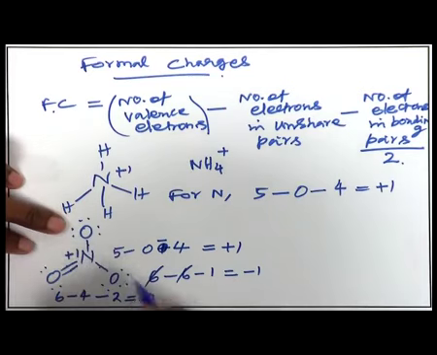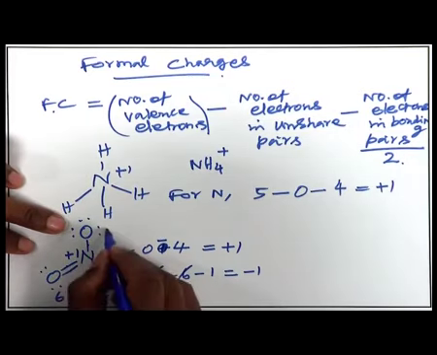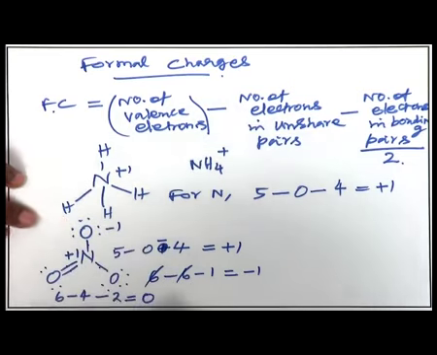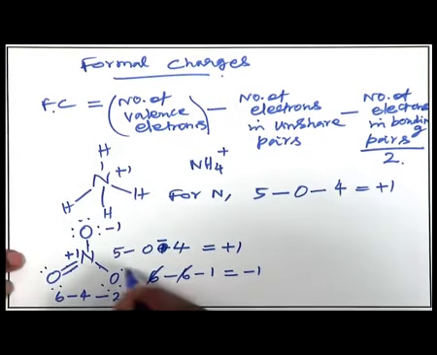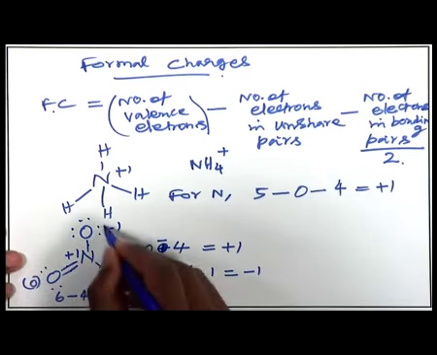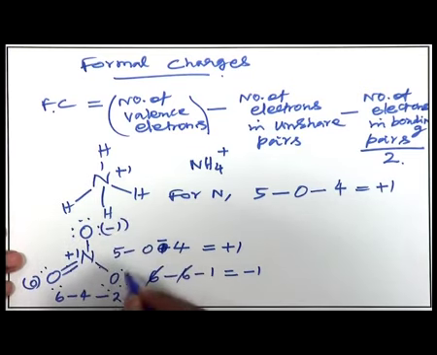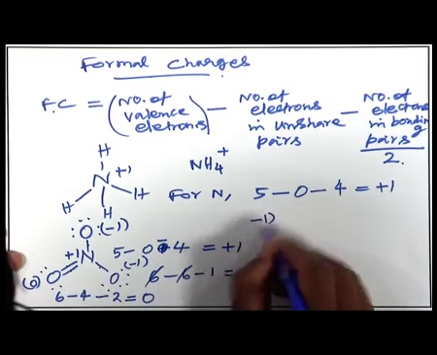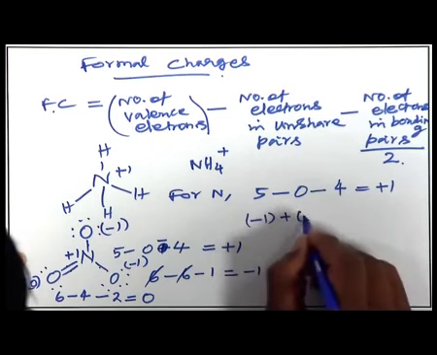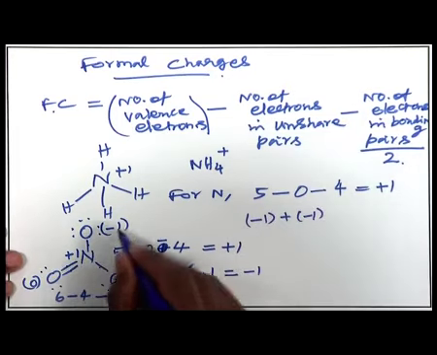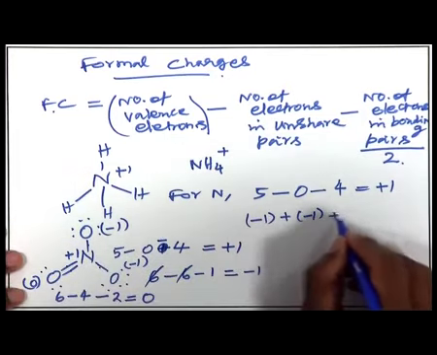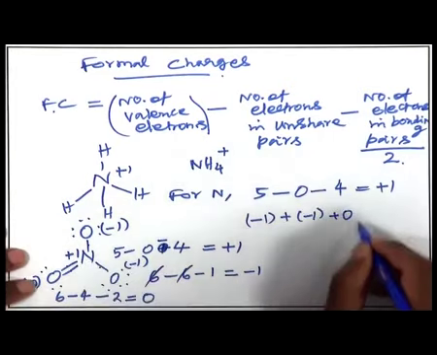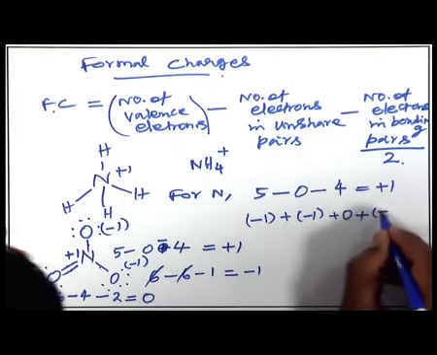Now this is the same as this atom, so you can right away assign -1. You can see that here is the 0 formal charge, here is -1, here is -1. You add them: -1 plus -1, plus 0 here, plus +1.